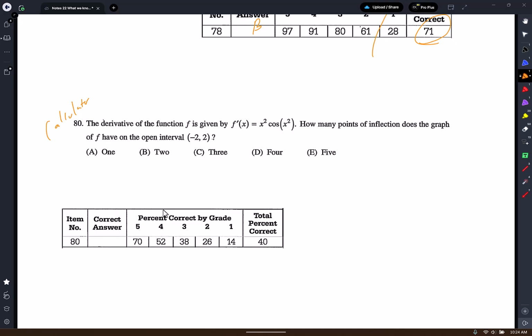Because what you just graphed there is the second derivative. Right, but I thought it's asking for the points of inflection of f, so wouldn't that just be the min and max of f prime? Yes, you could also find it by finding the min and max, but I feel like it would take a long time to do max, min, max, min. You can just tell real quick.